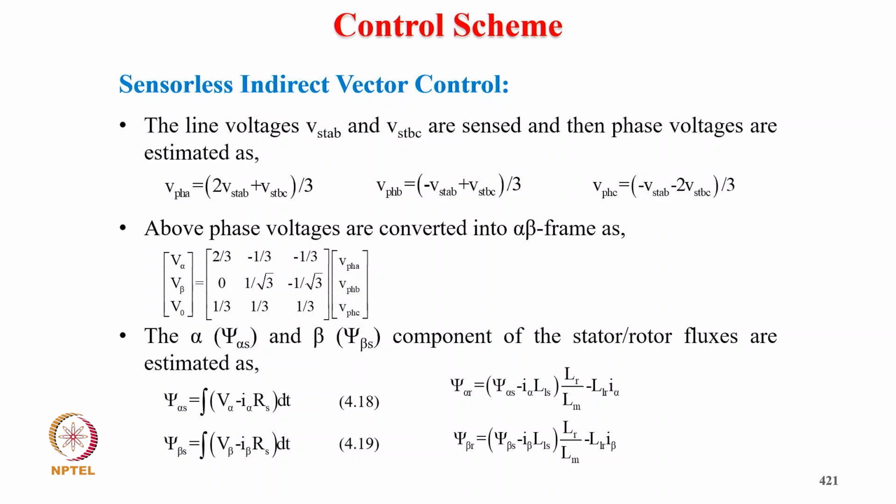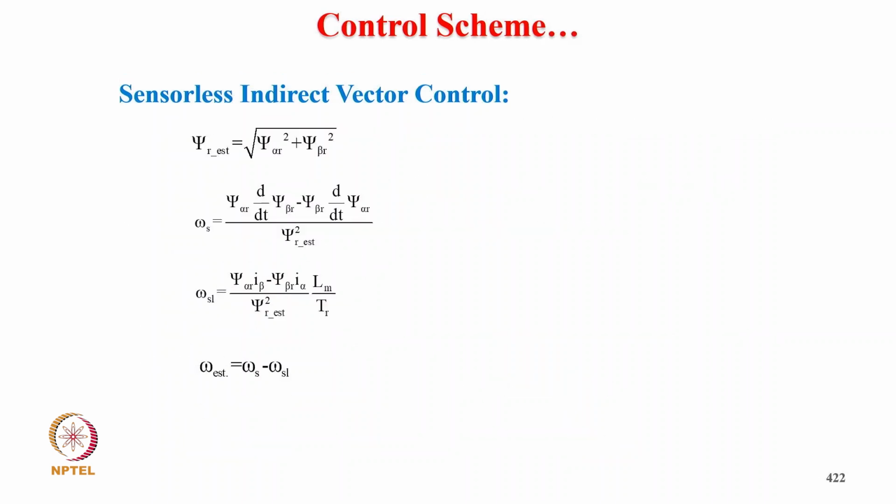Phi alpha and phi beta, the stator flux components, are estimated. Phi alpha s is equal to the integral of V alpha minus I alpha Rs dt, and phi beta s is equal to the integral of V beta minus I beta Rs dt. Then phi alpha r equal to phi alpha s minus I alpha sigma Ls, times Lr upon Lm minus Lr I alpha, and phi beta r equal to phi beta s minus I beta sigma Ls, times Lr upon Lm minus Lr I beta.